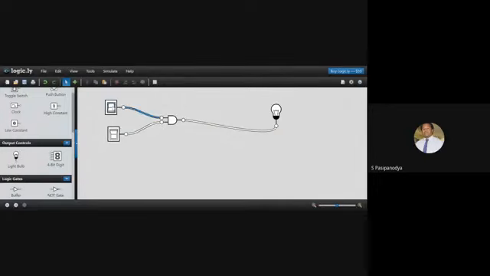So the value of this switch is now true. The value of that switch is now true. Therefore, the output is also what? It's also true. True, sir.